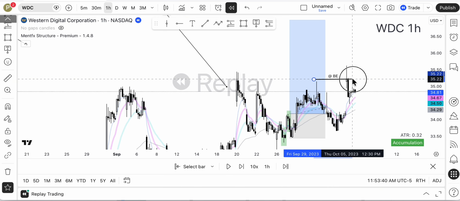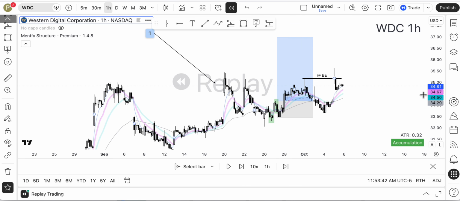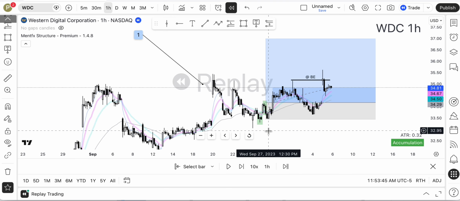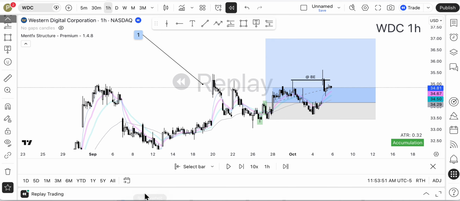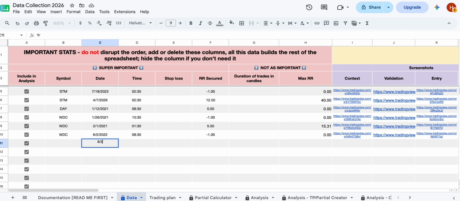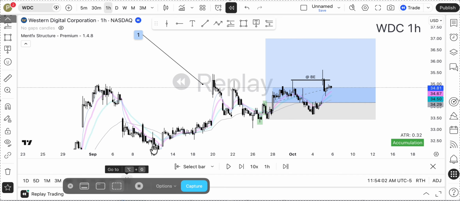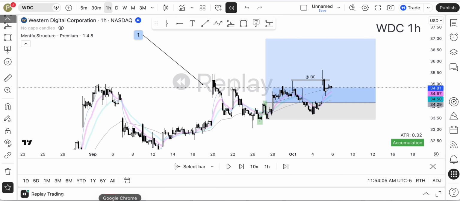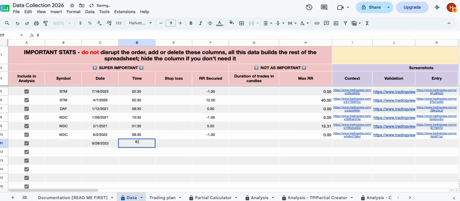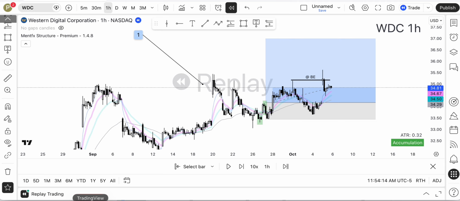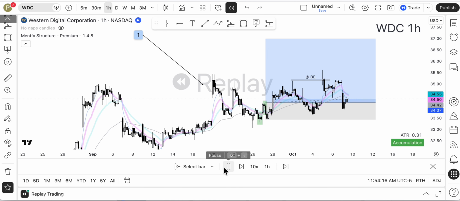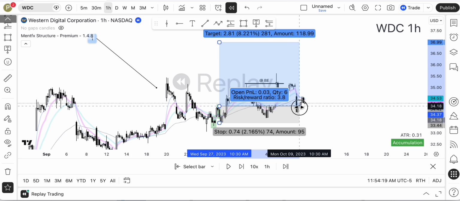So we officially moved to break even after rising out of that stage 1, September 28th, 2023, 8:30 in the morning. Break even. All good.